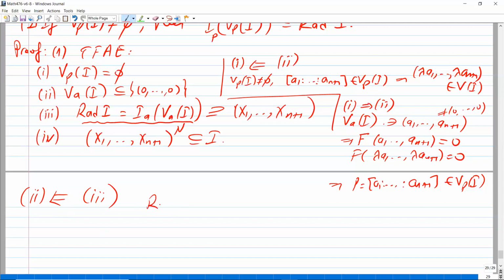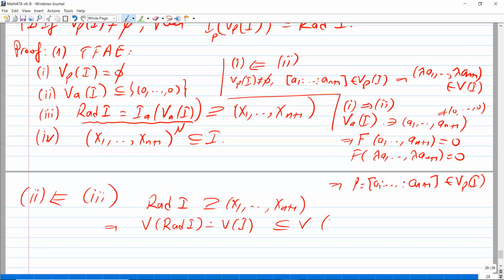If the radical of I contains x1, ..., x(n+1), then the zero set of the radical of I, which is the zero set of I, is contained in the zero set of this ideal, but the zero set of this ideal is just the point 0, 0.